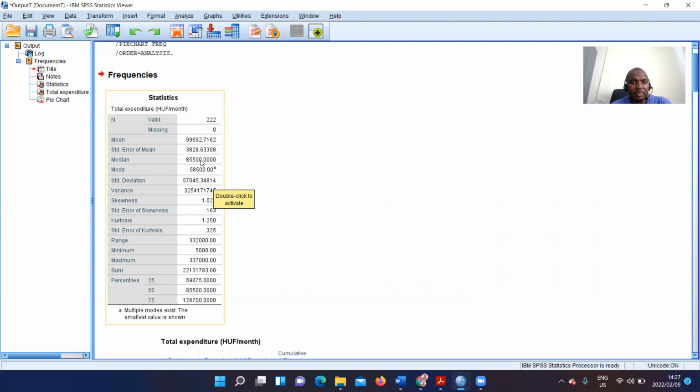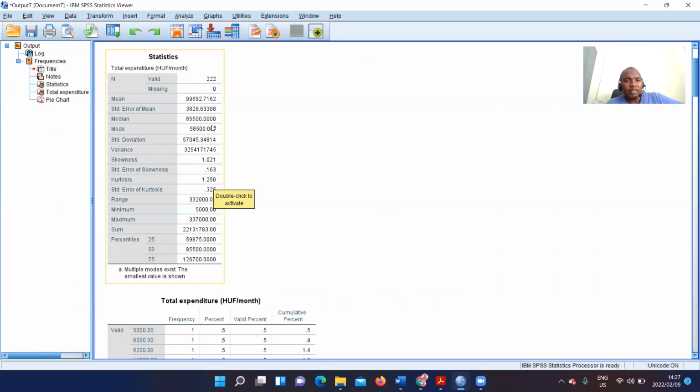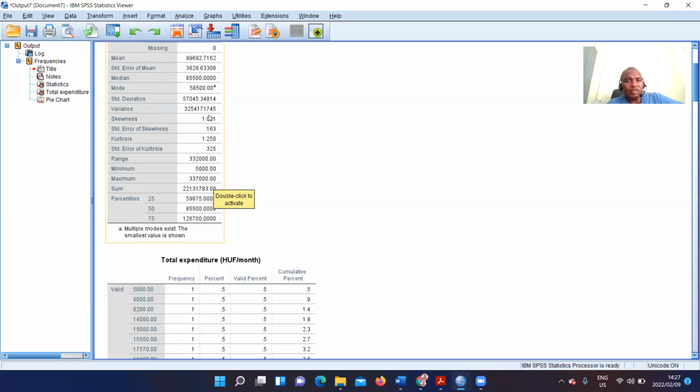And then the median means the first half spend above 85,500, and the second half spend below 85,500 Hungarian forint. The modal expenditure is 58,500 Hungarian forint. And then the skewness of total expenditure is positive. And then the kurtosis is 1.25, which is below 3.